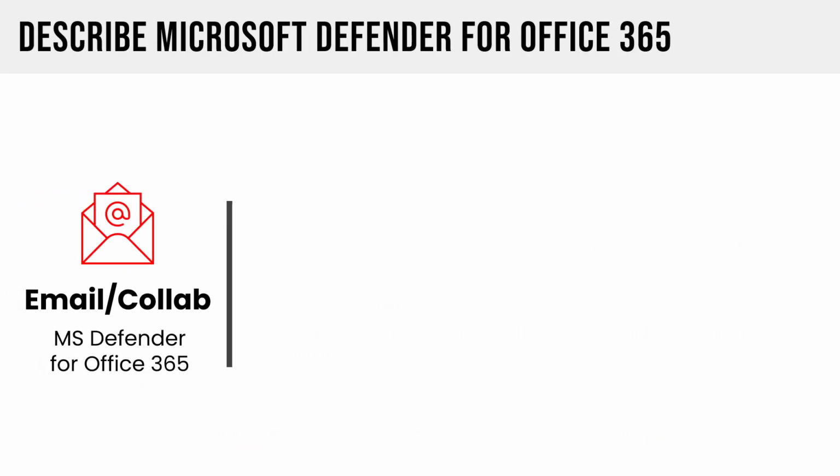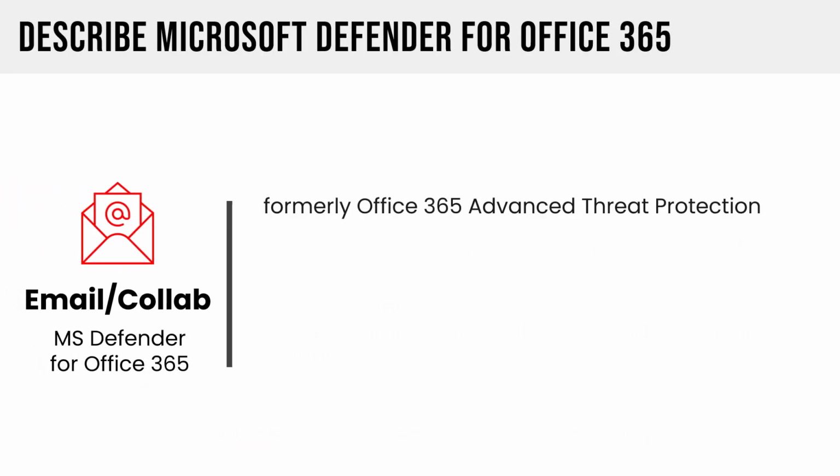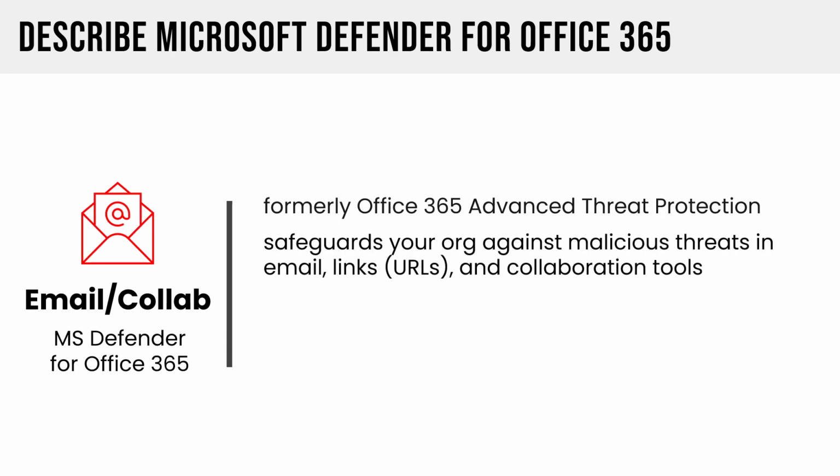So Microsoft Defender for Office 365. This used to be called Office 365 Advanced Threat Protection. Office 365 ATP was the common acronym we saw. This protects your org against email-based threats, URL, and collaboration threats.